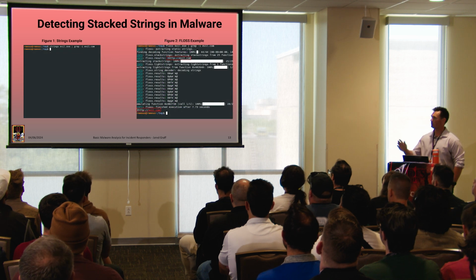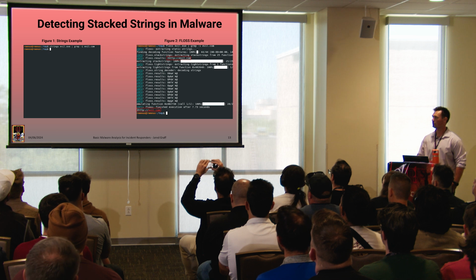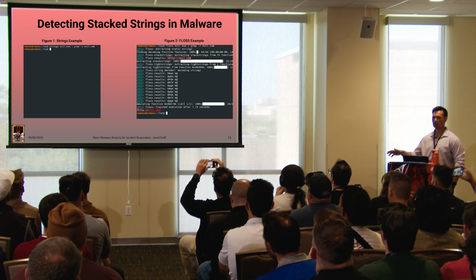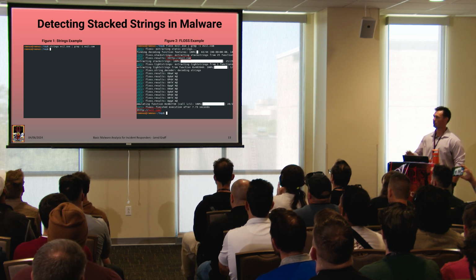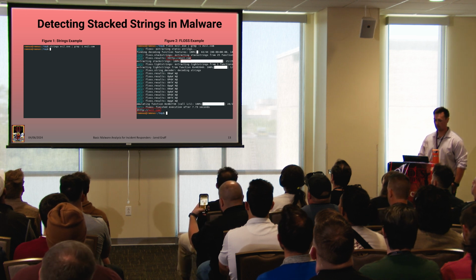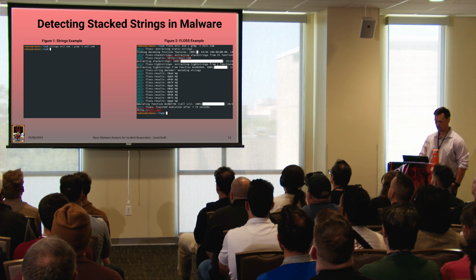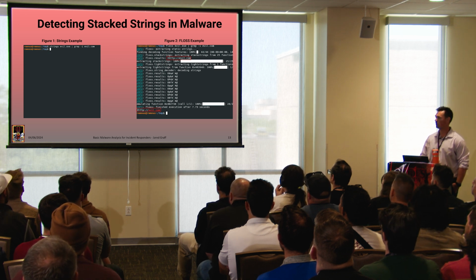Moving on to a couple of screenshots of detecting stack strings. What I just went over in the previous slide, these are the tools used against it. You can see I'm doing strings against evil.exe, and then I'm using the grep command.